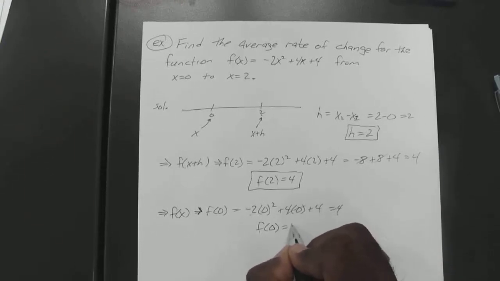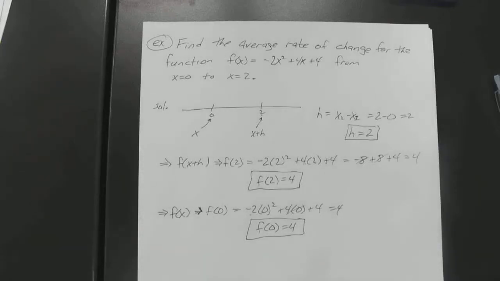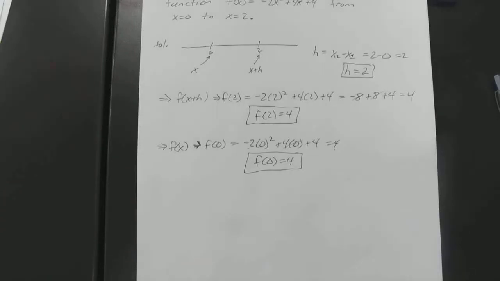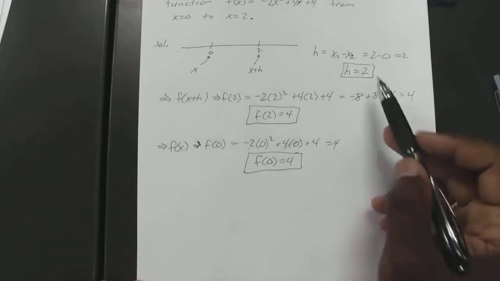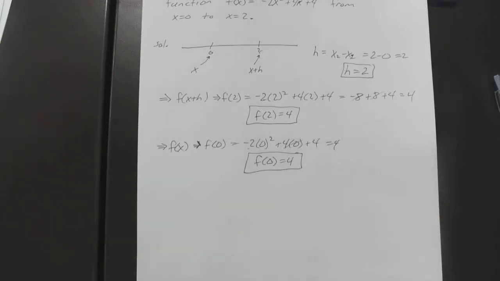So f of 0 is equal to 4. Okay. So we have our h, we have our f of 2, and we have our f of 0. So we have everything we need to find the slope.